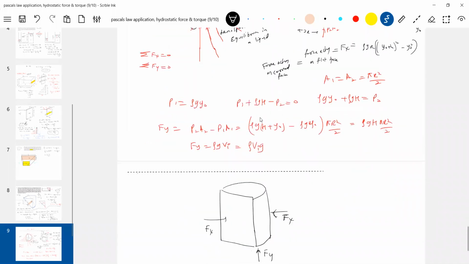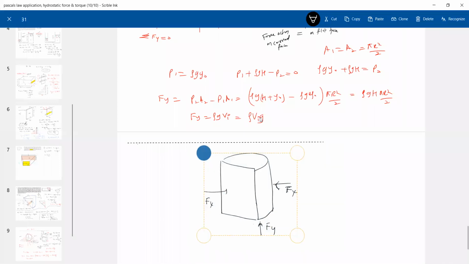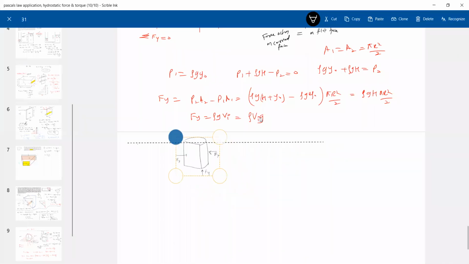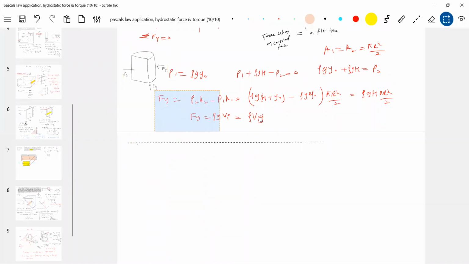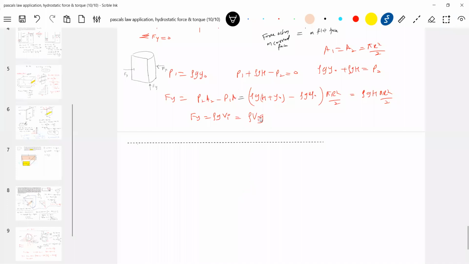I'll adjust this diagram somewhere here. Again, why go for one more page. Okay, fine. These are the things. So you get very good challenging questions.